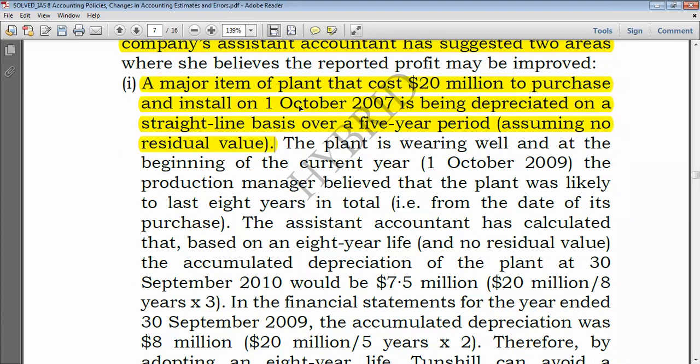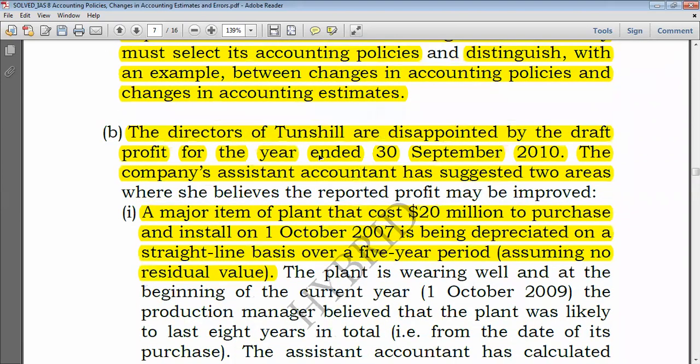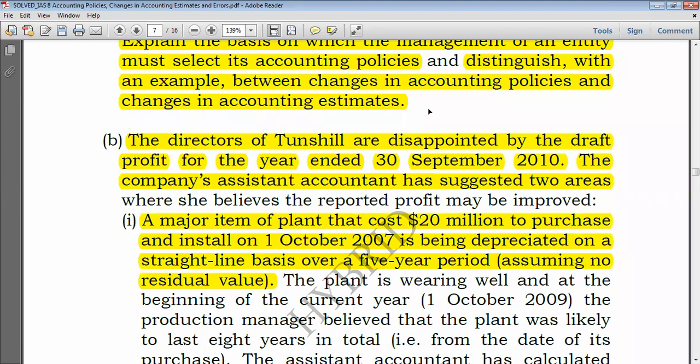Remember, this was on 1st October 2007. The plant is wearing well, and at the beginning of the current year, you know, this current year ends on 30 September 2010. If you have just taken a look at the question, we are told that the year ends 30 September 2010.